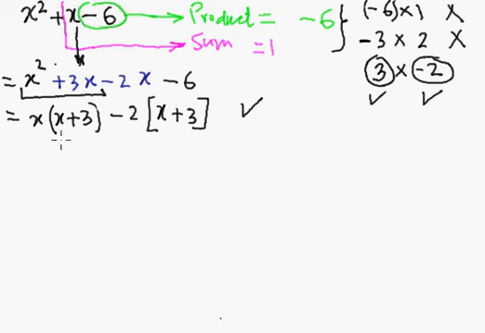Now if you can notice, this term is common here, so I can again take this term common. Now I can take x plus 3 common from the whole of this, and what am I left with?